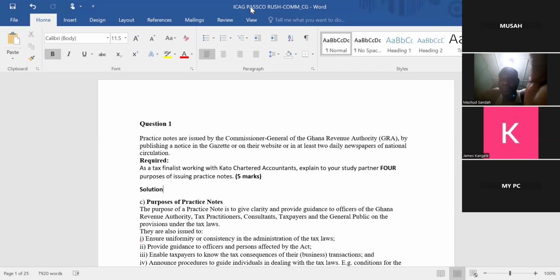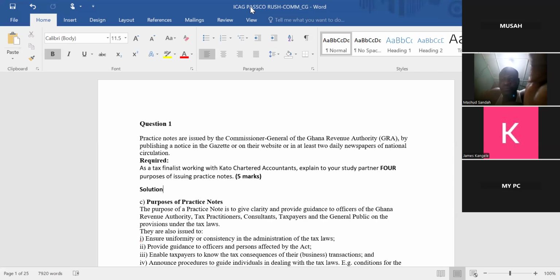So the Commissioner General can say that section 14 of the Income Tax Act, Act 896, which talks of capital allowance, will be interpreted and come out with how the capital allowance will be treated, so that everybody will be guided when it comes to capital allowance computation. So that is basically the understanding of what we call a practice note.